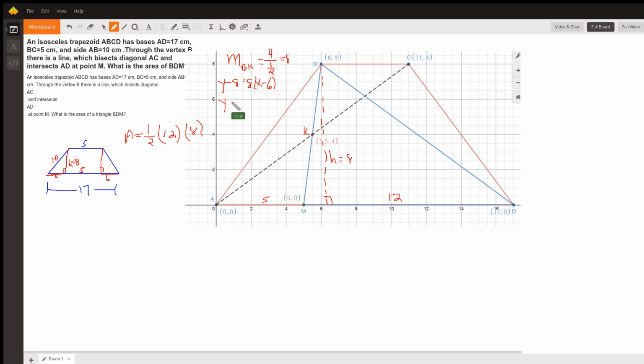And I could simplify that to 8x minus 48 plus 8 is 8x minus 40. And when y equals 0, for this line BM or BK, x will equal 5.